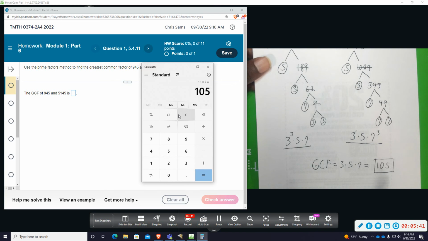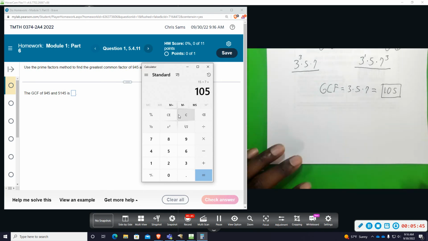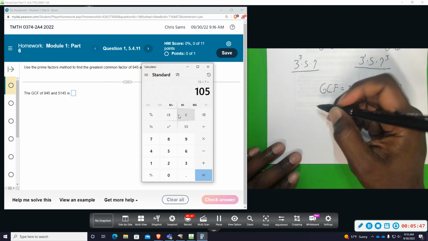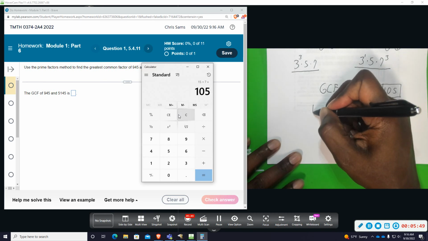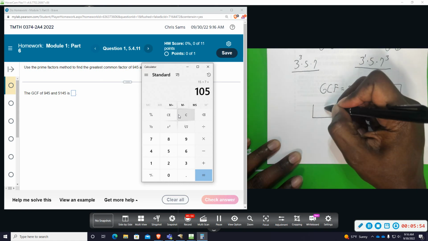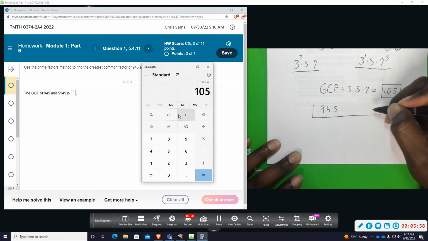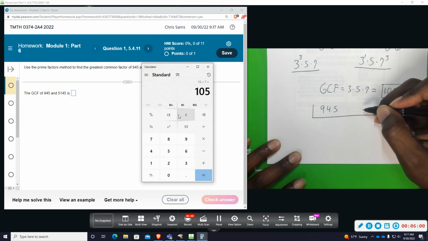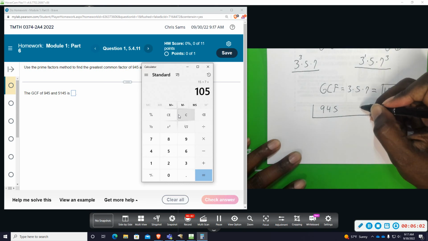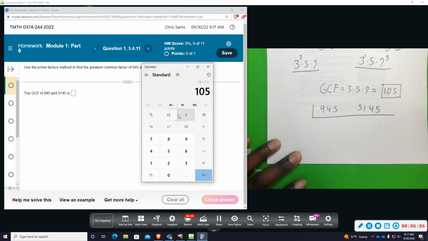Now, the other method is called a box method. So with the box method, we're going to write both those numbers in this box. 945. We're going to skip some space, and we're going to write 5145.